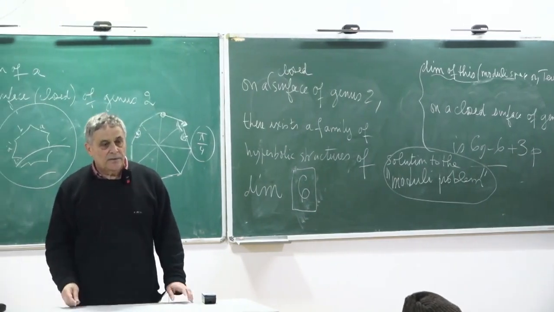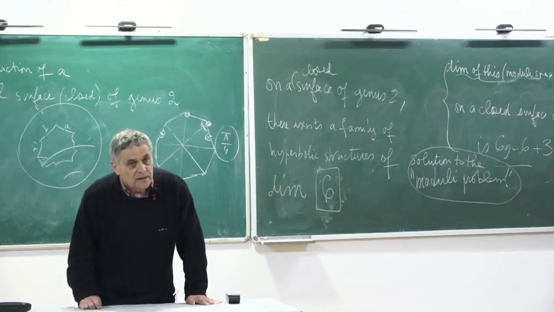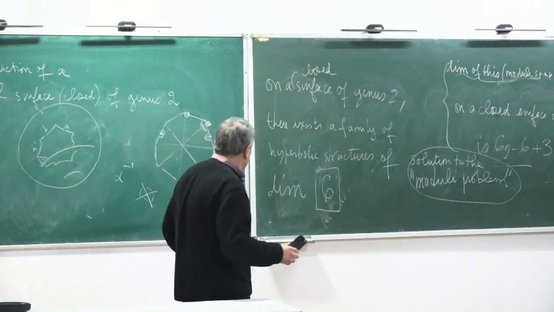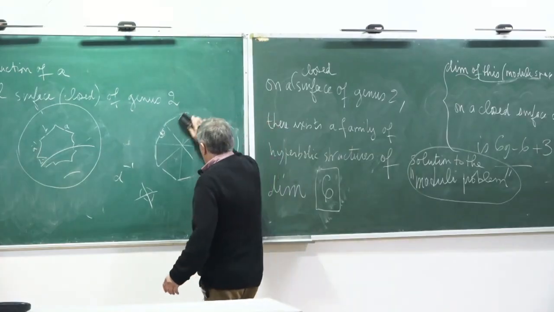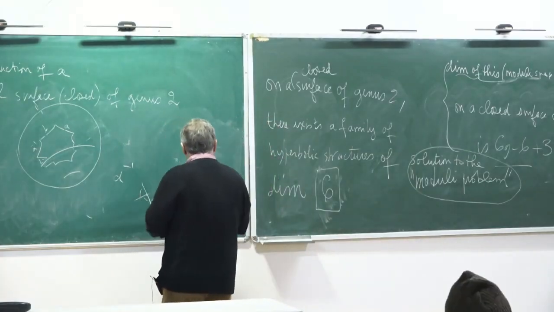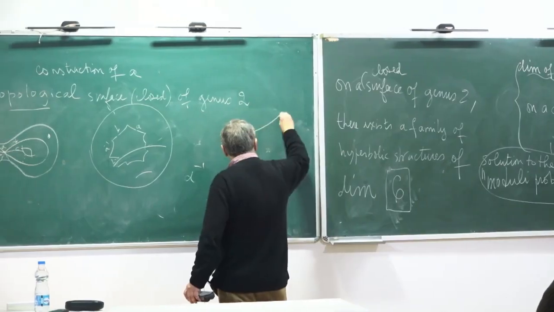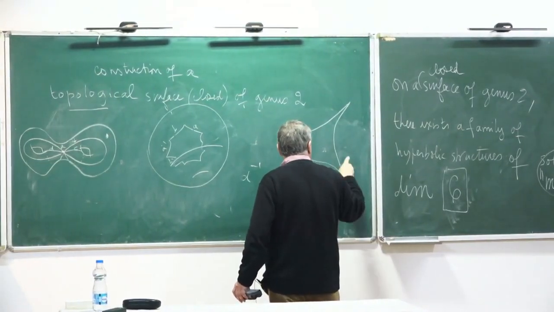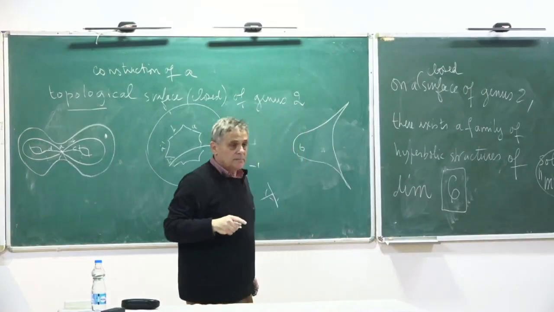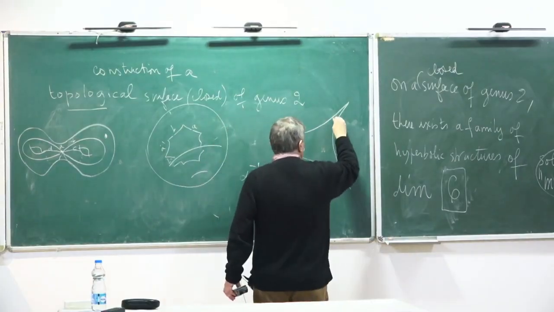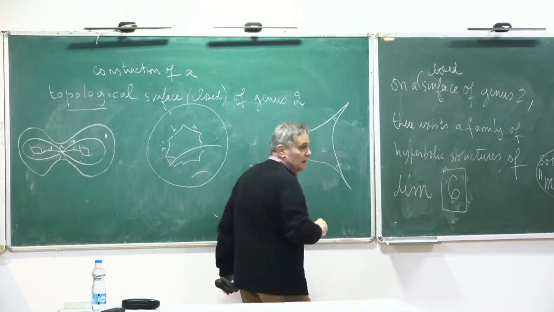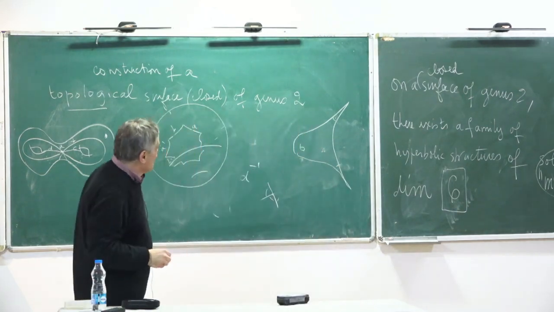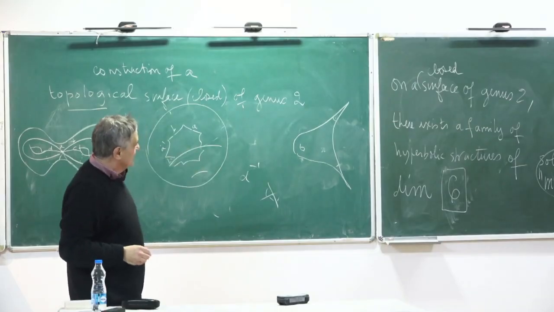From the geometric point of view, the case which everybody considers and which is the most interesting is to consider surfaces with cusps, so hyperbolic surfaces with cusps. So what is a cusp? Maybe I will explain now what is a cusp, because I want to say something about cusps.